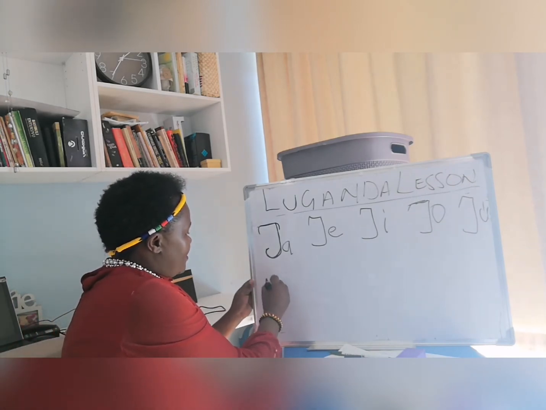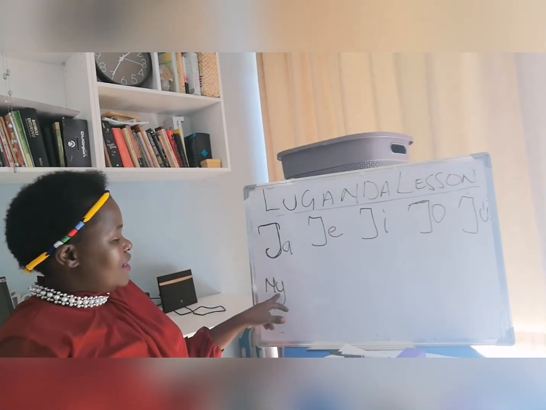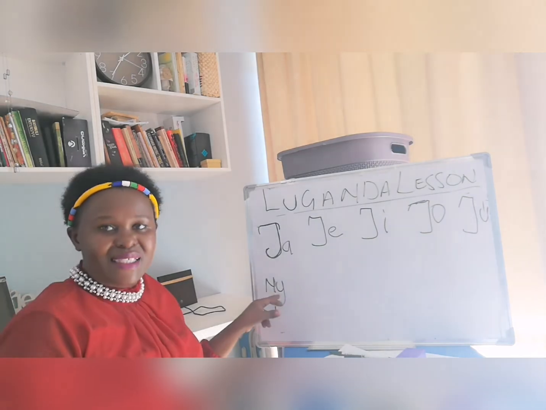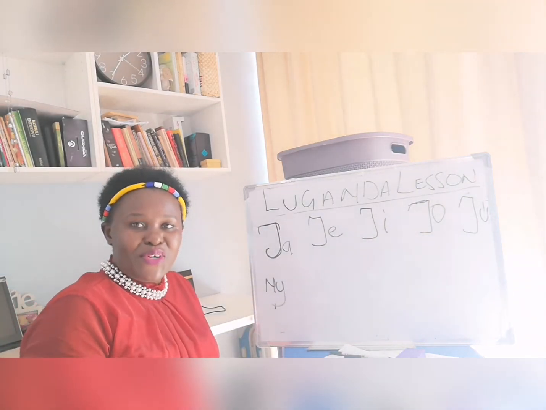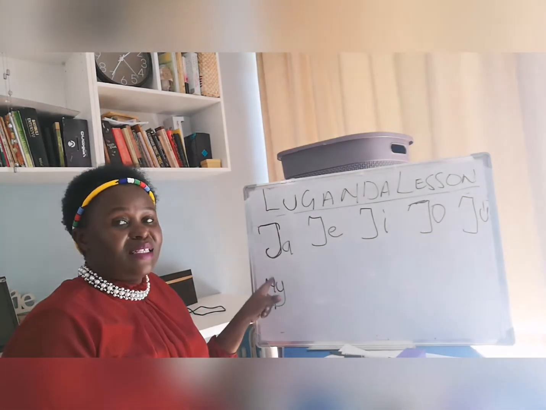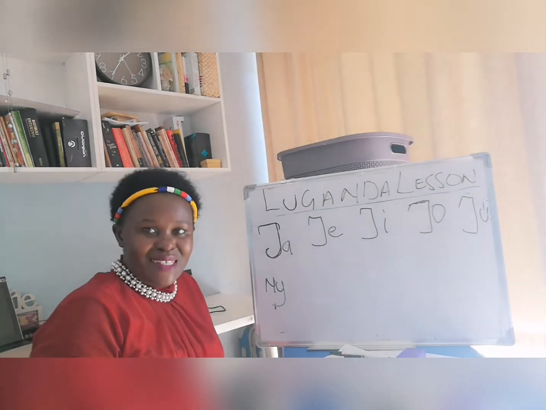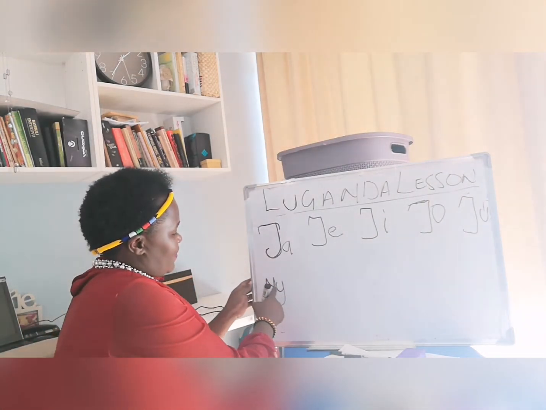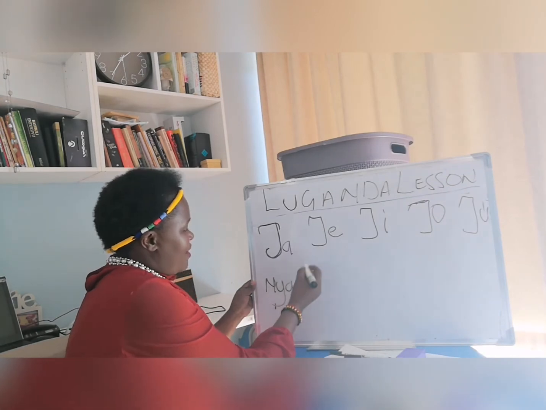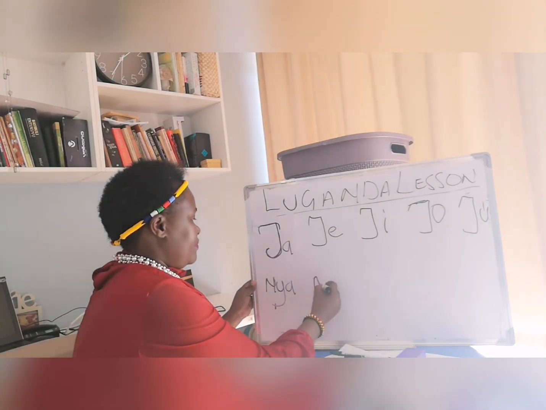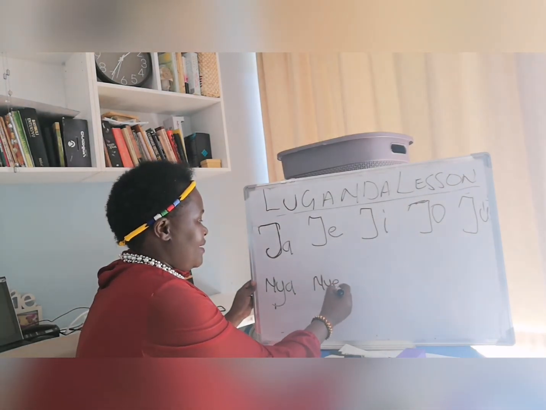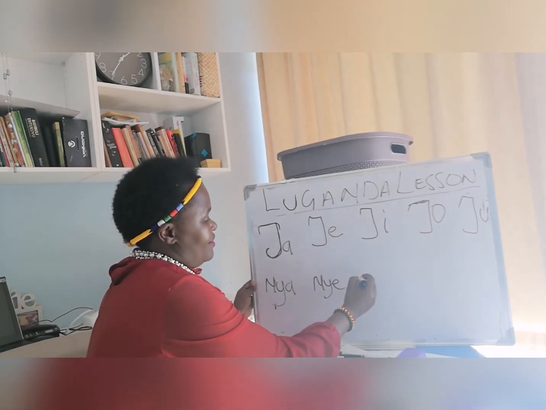Another letter is NY. We call it nya in Luganda. We say it as one letter, nya. So, nya ne a, nya. Nya ne e, nye.